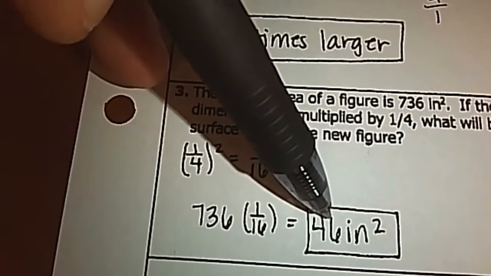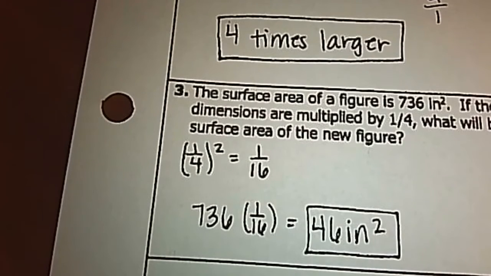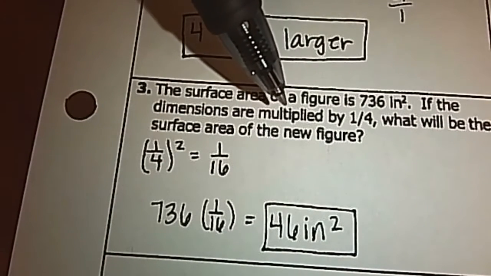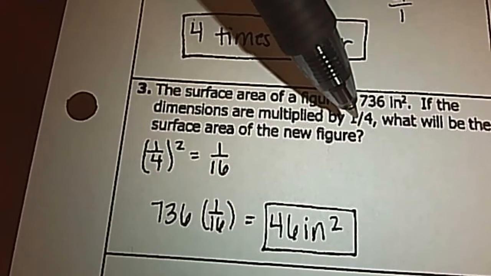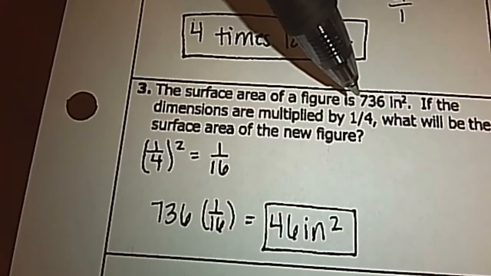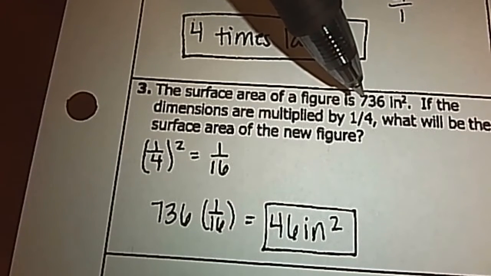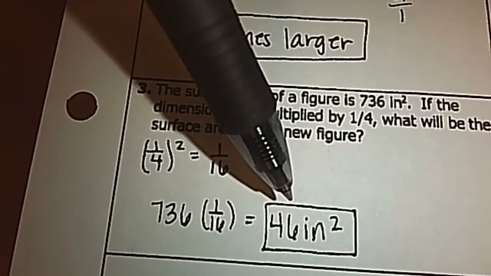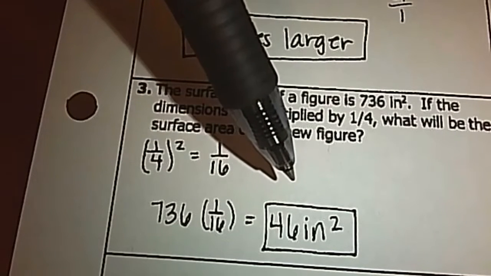You end up with 46 inches squared. So obviously this new one is smaller. If the ratio is bigger, a whole number and not a fraction, then you know the new one's going to be bigger than the original. But if it's a fraction like this, then you know the number is going to end up smaller because it's just a portion of it.